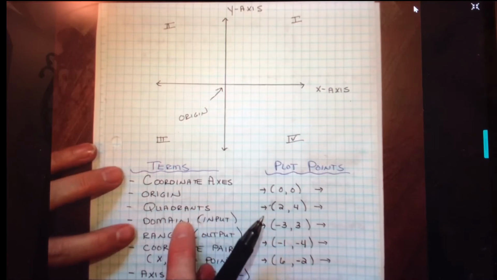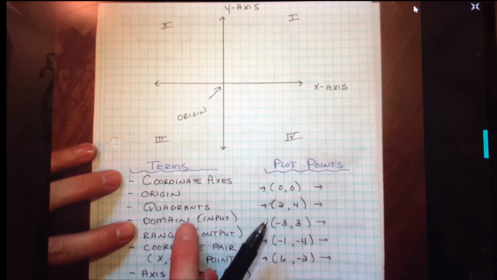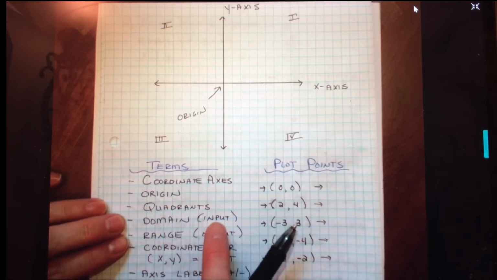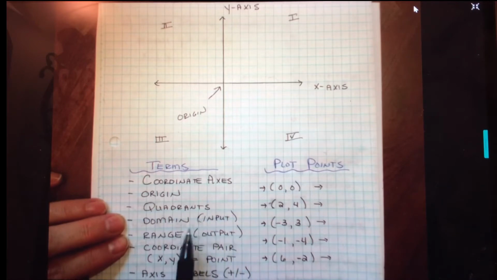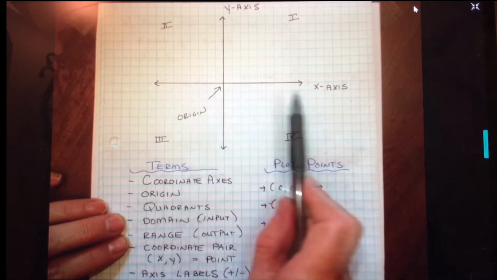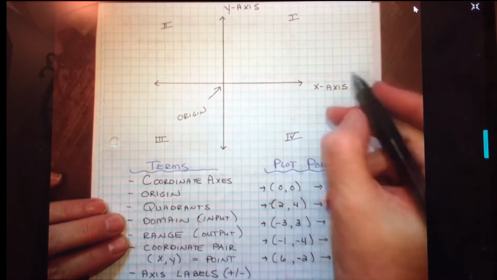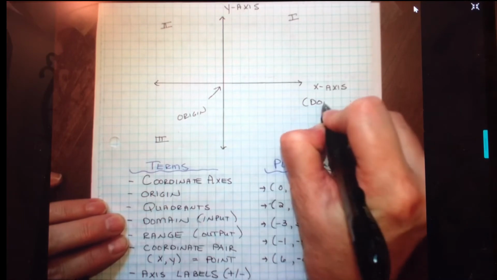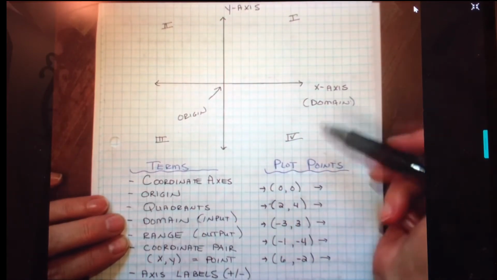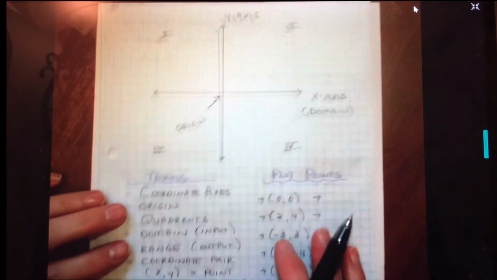You may hear words or terminology such as domain or range. The domain refers to the inputs of a function, and the range refers to the outputs. So for our purposes, as we talk about the x-axis, that is labeled as our domain, so any x values that we have, and the range is for the y values.